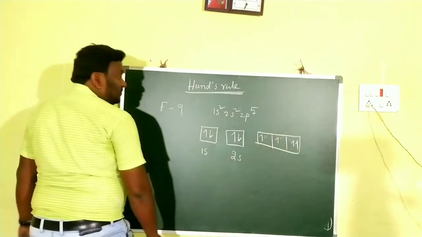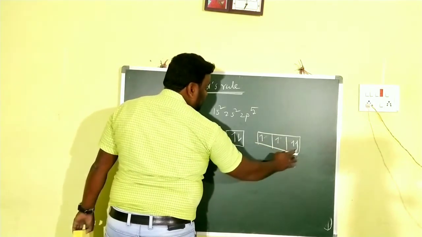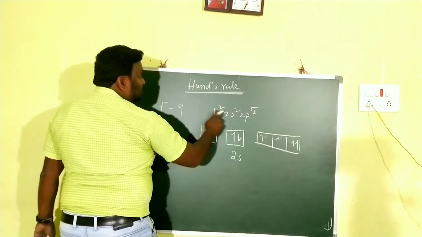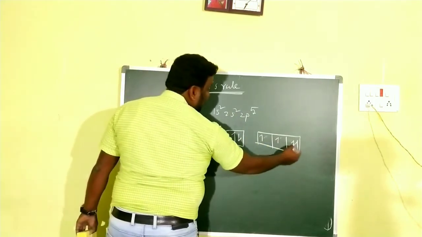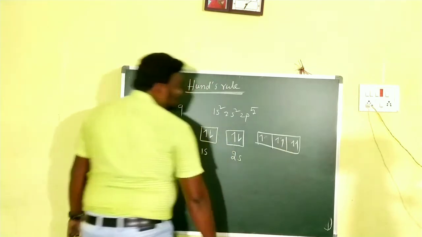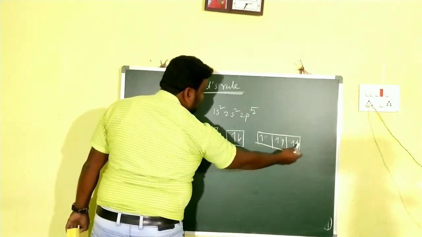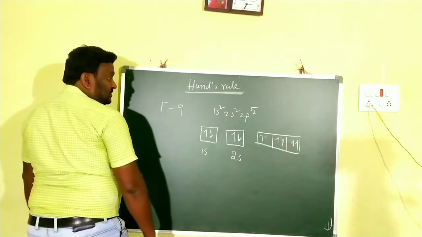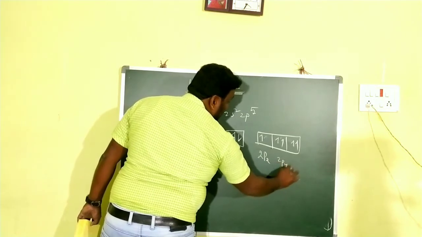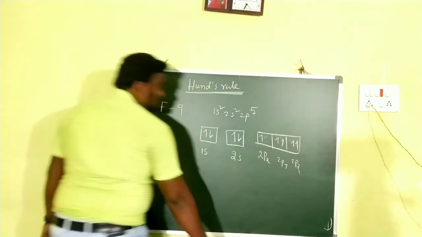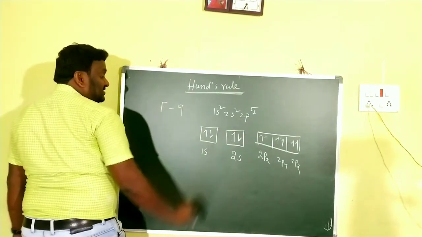Here 2 plus 2, 4, 4 plus 5, 9. Now how many are there? 1, 2, 3, 4, 5, 6, 7, 8, 9. 9 electrons are there. Generally these are called 2px, 2py, 2pz.